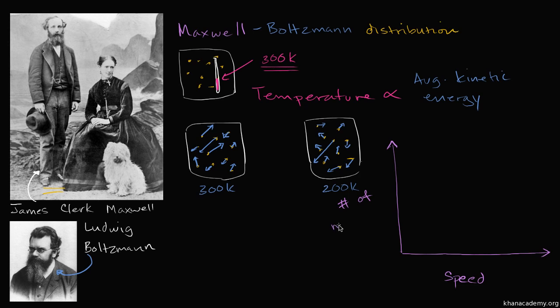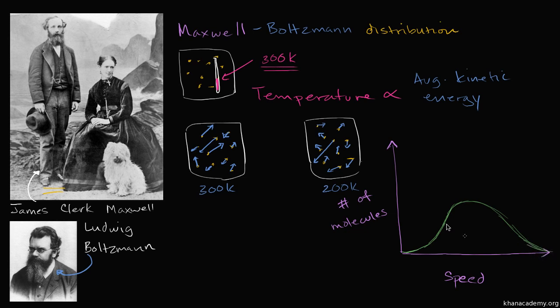For the system that is at 300 Kelvin, the distribution, let me do this in a new color, is going to be all of the molecules. The distribution might look like this.